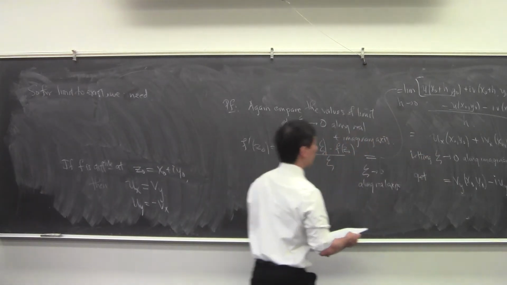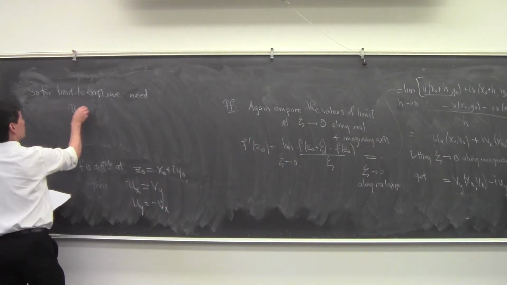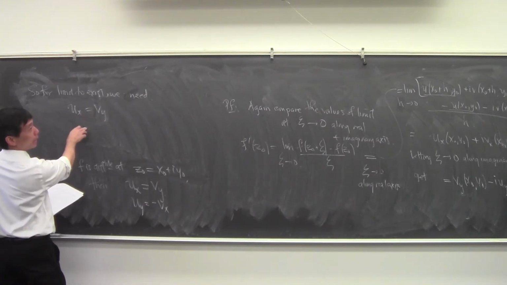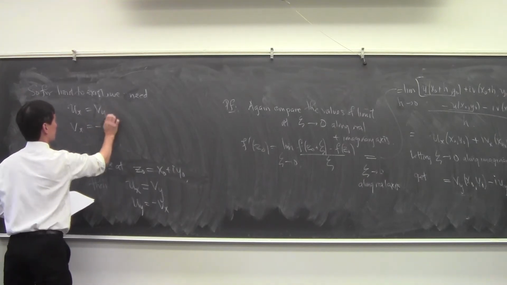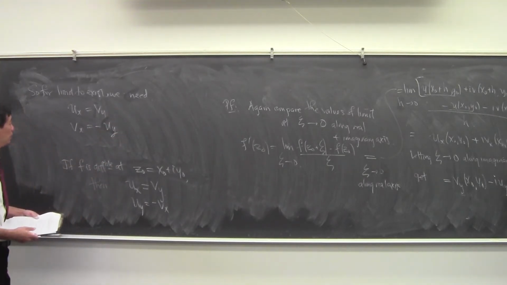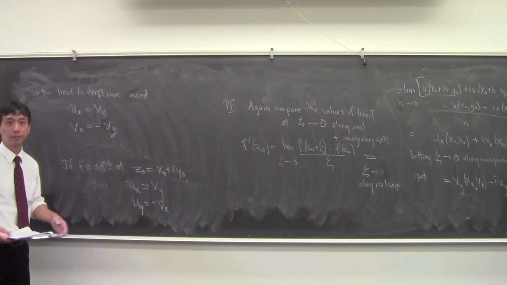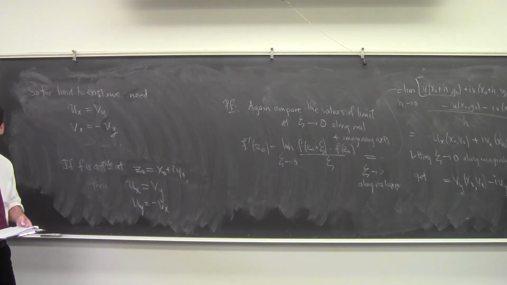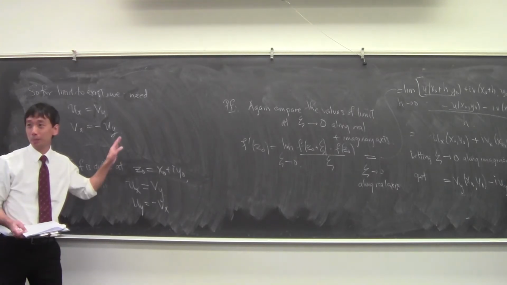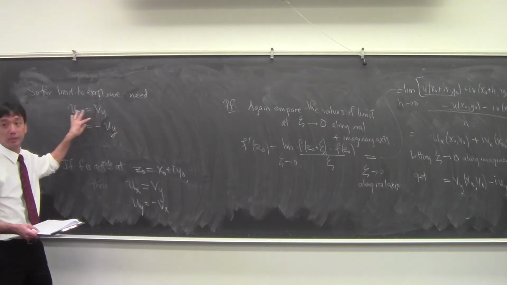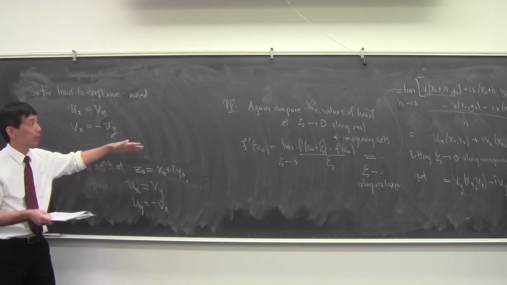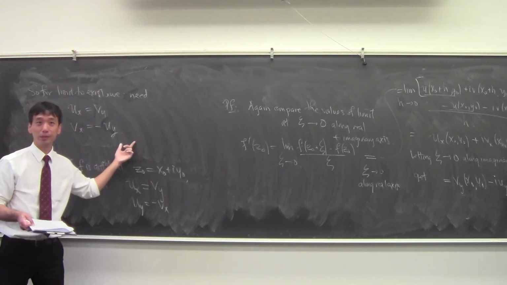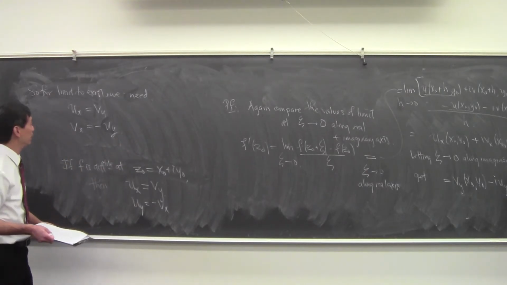So that tells us that u sub x must be v sub y, and that v sub x must be negative u sub y, which is what we said before. So being complex differentiable forces this system of differential equations to be satisfied by your real and imaginary parts. This is really important.